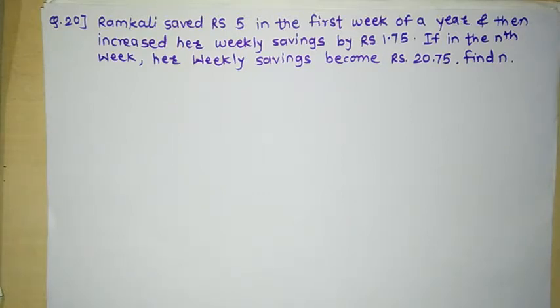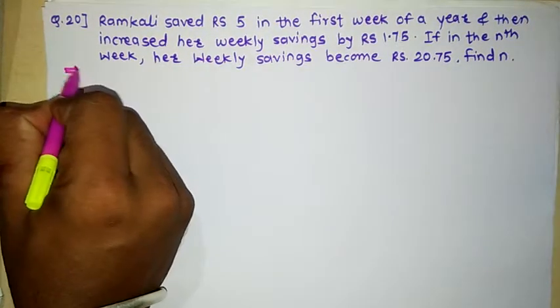Ramkali saved rupees 5 in the first week of a year, and then increased her weekly saving each week by rupees 1.75. If in the nth week her weekly saving becomes rupees 20.75, then we have to find n here.